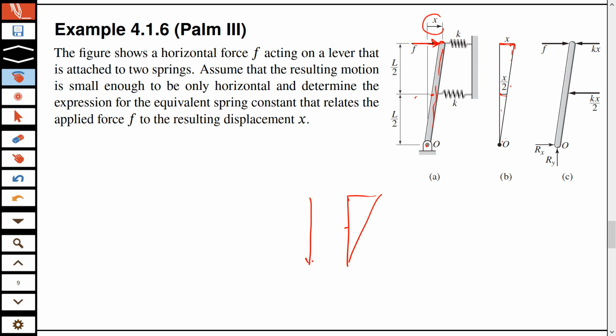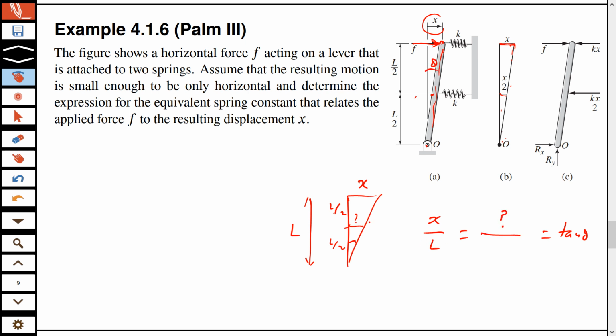If this total length is L and this is half and this is half, this angle is common, so if this is x, what should be this distance? That means we can simply use the tangent. So x over L is the tangent of theta, if this is theta, let's say.